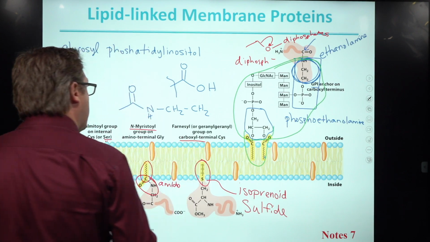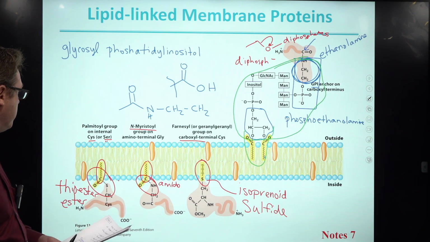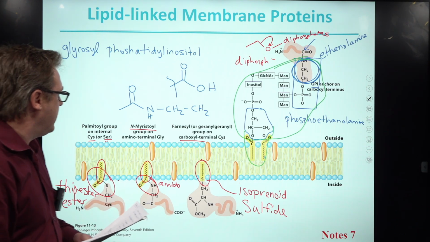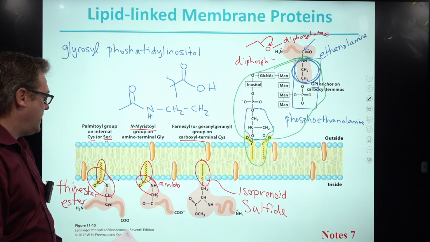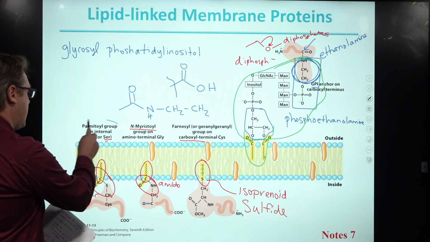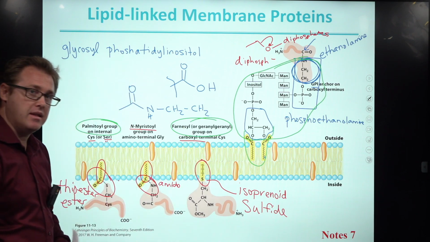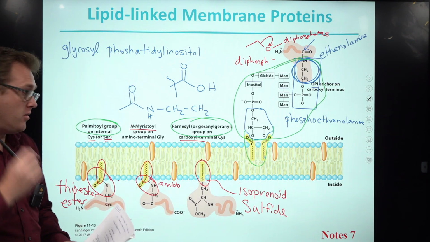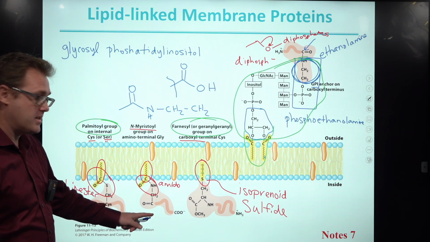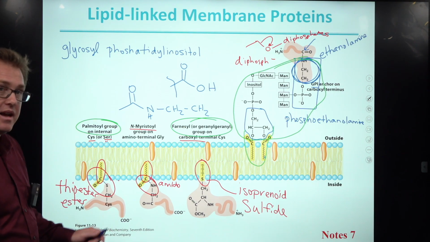Now, some other tidbits of information that you'll find useful here. And that is, where are these things found? So this guy and this guy right there are only found on the cytosolic side, or the inside of the cell.